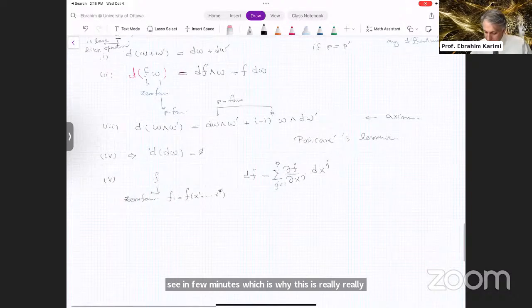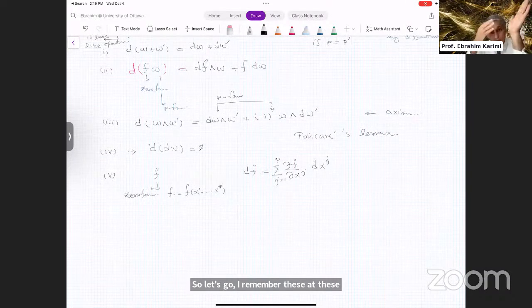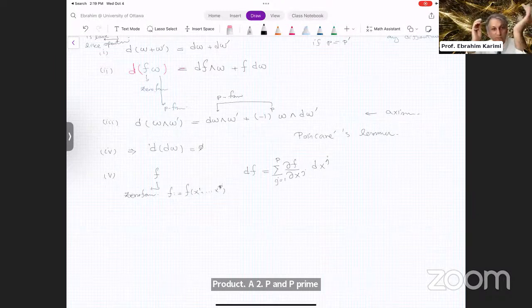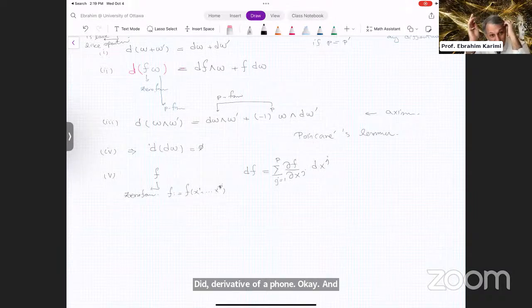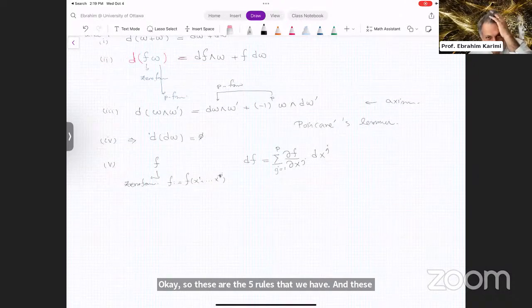So let's go, remember these: the derivative of the sum, the derivative of a zero form and a p-form, which is what we are dealing with, the derivative of the product of p and p prime forms, the derivative of a form, and finally the derivative of a scalar or a zero form. So these are the five rules that we have, and they are given in this sequence.